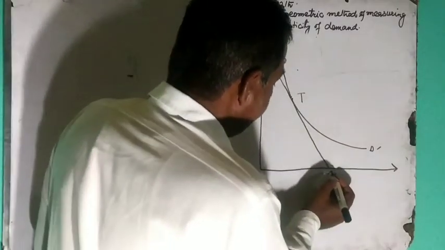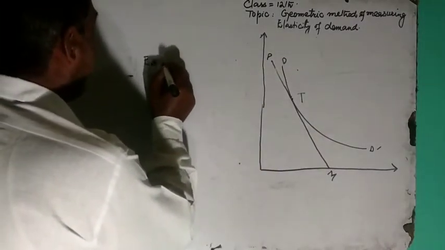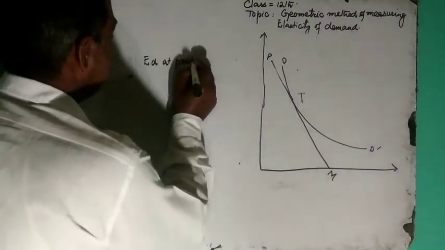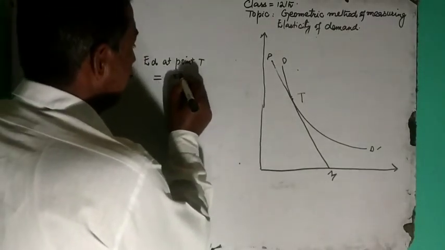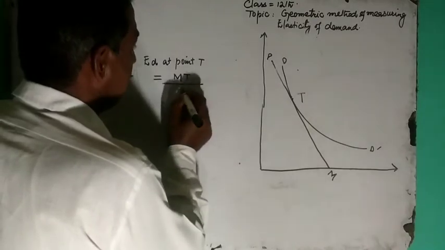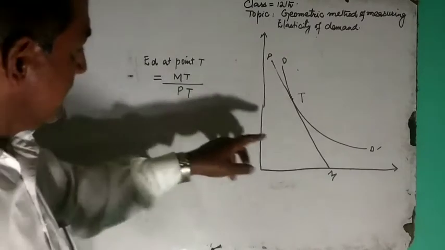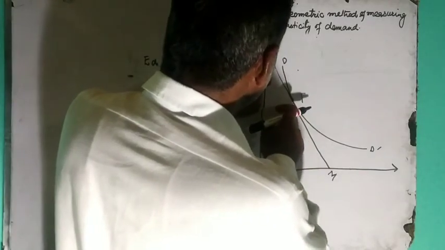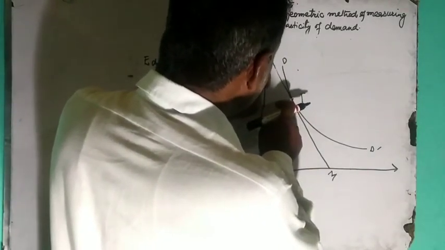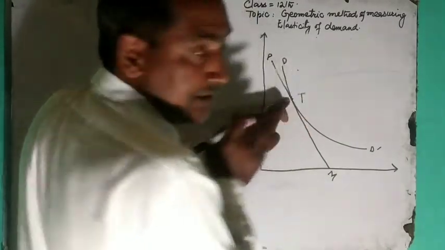Therefore, we see that elasticity of demand at point T is equal to MT divided by PT. The distance from here is to be divided by the distance from the other end of the tangent, that is PT. Naturally, this distance MT is greater than PT.